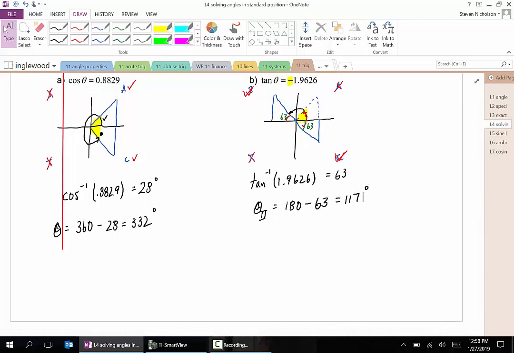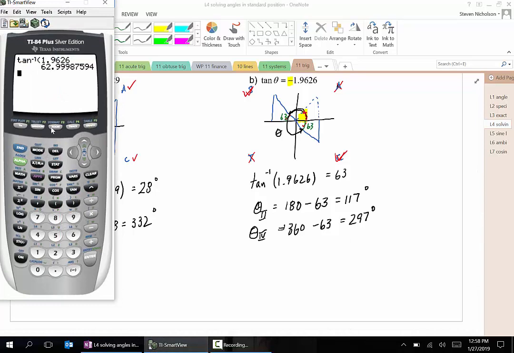And we'll go and make sure that this is right. That's a great thing about our calculator. We can check. But in theta 4, our angle, here's our theta over here, is equal to 360 minus 63, which is 297 degrees. So remember, negative 1.9626, let's go ahead and go, what's the tangent of 117?